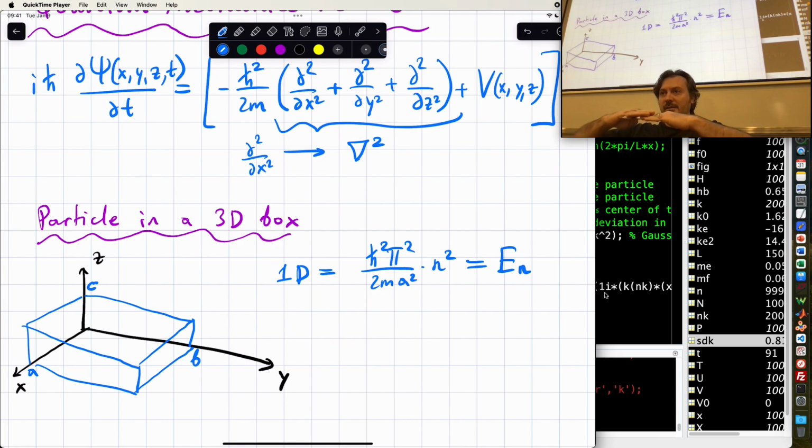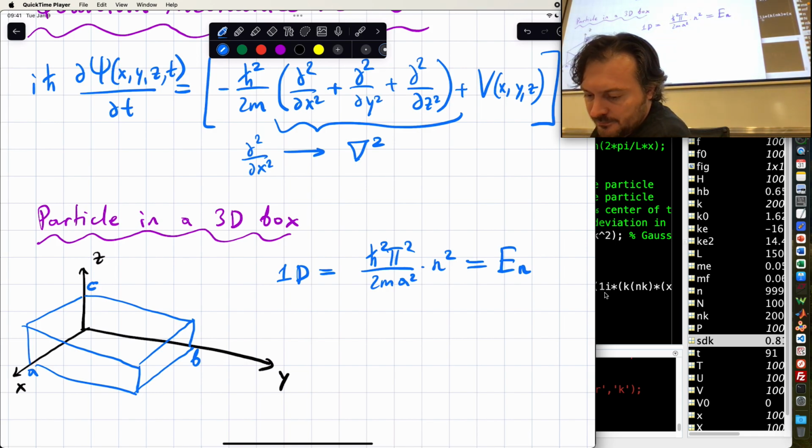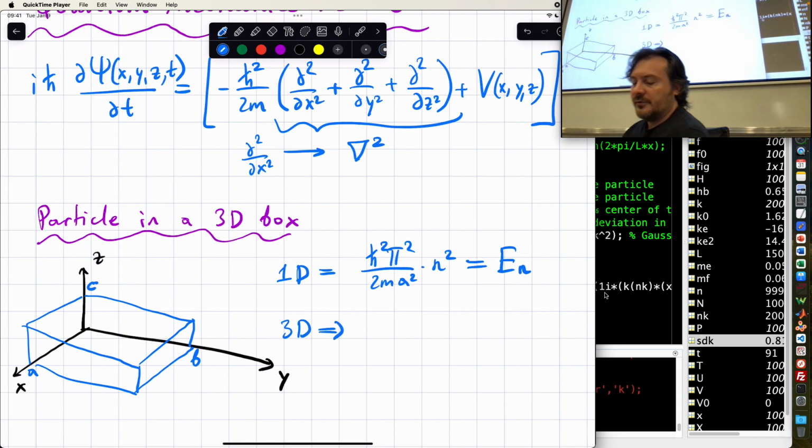So it was E, 4E, 9E, and continues like that. Now this time in 3D, it will depend on 3 quantum numbers, because it's confined in 3 dimensions: the x direction, y direction, z direction.